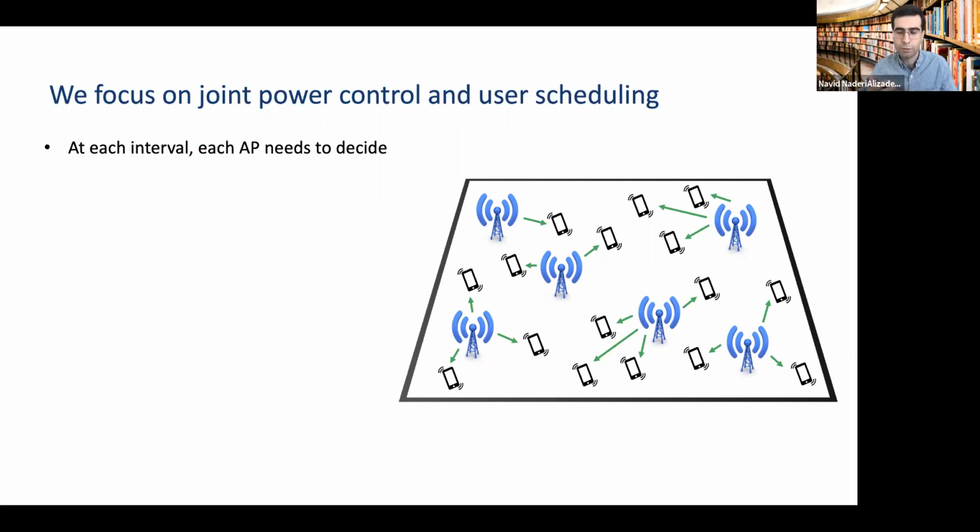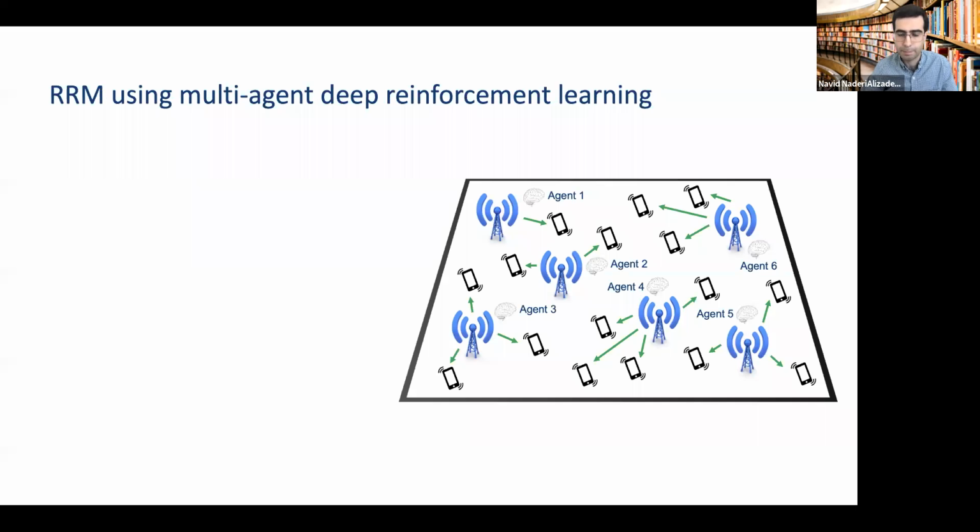At each interval, or at each millisecond, each access point is going to decide on what transmit power to use. That's going to be a power control problem in downlink. And also it might decide to turn off. In that case, we don't need to do any user selection. But in case it decides to be active, then we need to decide for that AP which user it's going to serve in that interval.